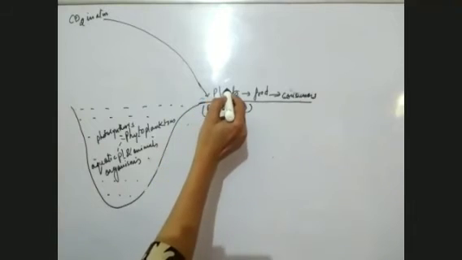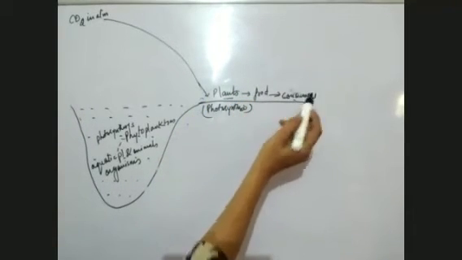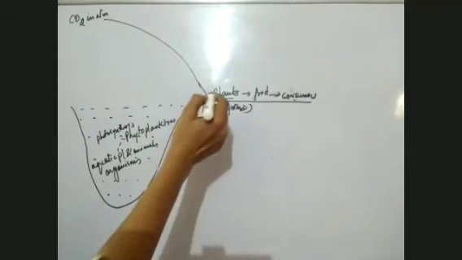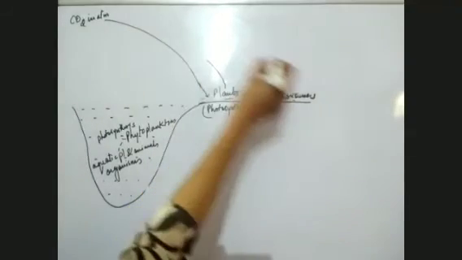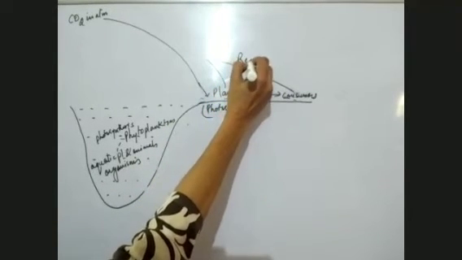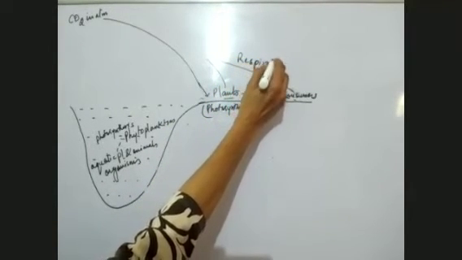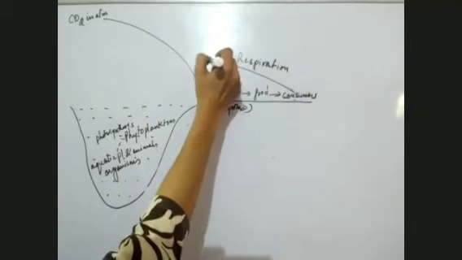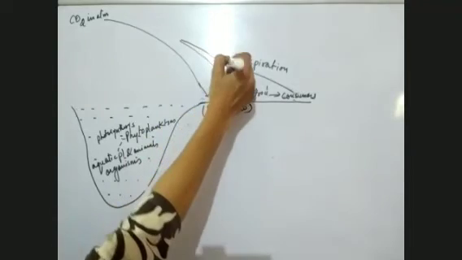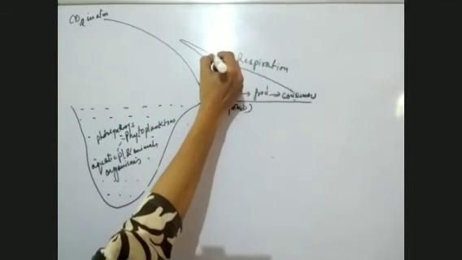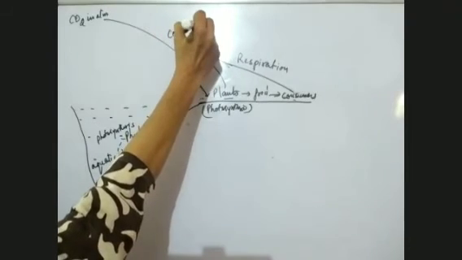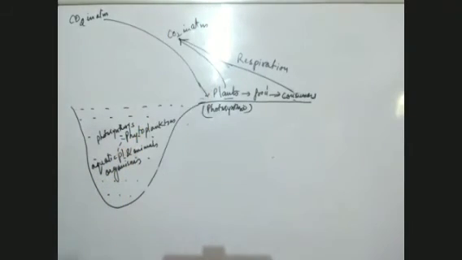At the same time, because both the plants and the consumers are living organisms, they respire. And because of their respiration, the CO2 is again added into the atmosphere.